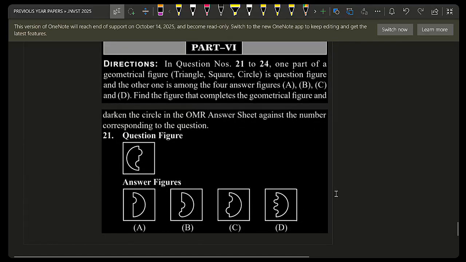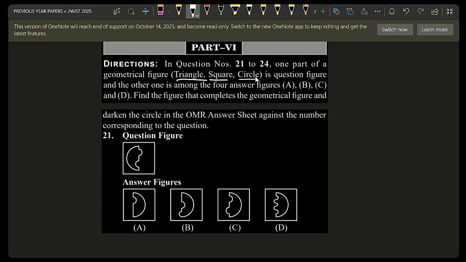In question numbers 21 to 24, one part of a geometrical figure, either a triangle, a square, or a circle, is the question figure, and the other one is among the four answer figures A, B, C, and D. Find the figure that completes the geometrical figure and darken the circle against the appropriate option.